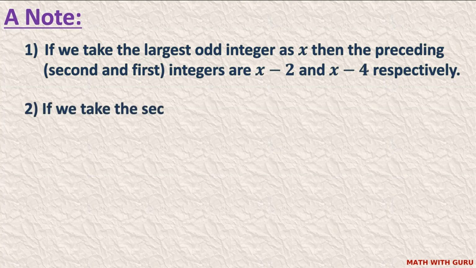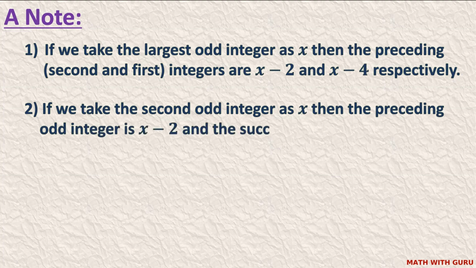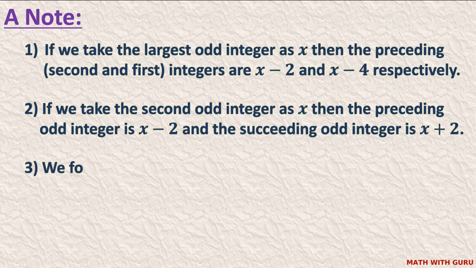If we take the second odd integer as x, then the preceding odd integer is x minus 2 and the succeeding odd integer is x plus 2. First one is x minus 2, second one is x, third one is x plus 2.